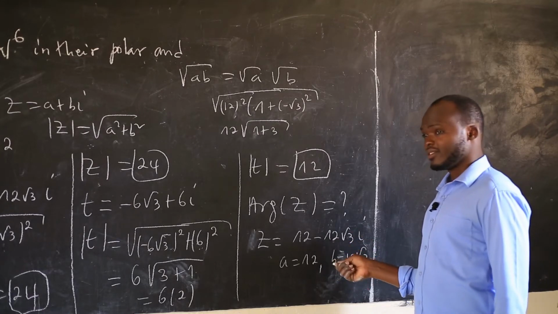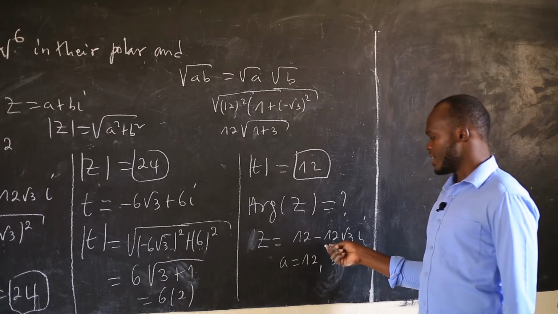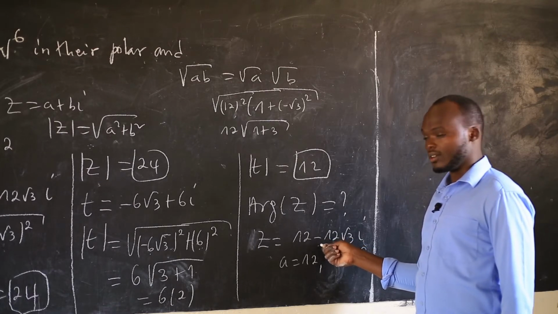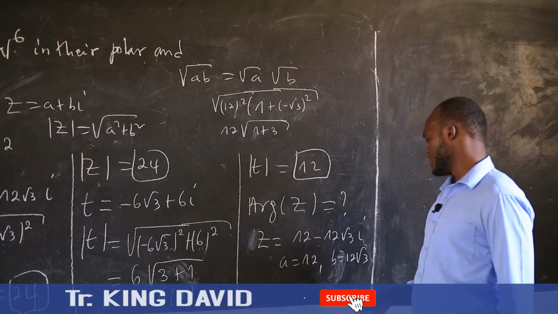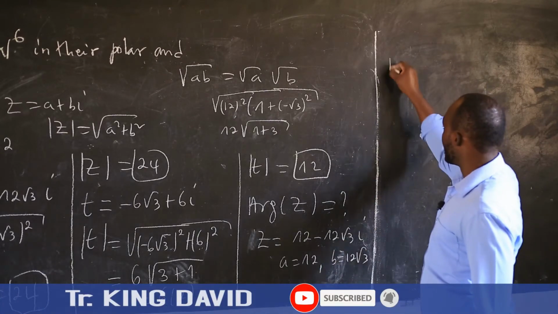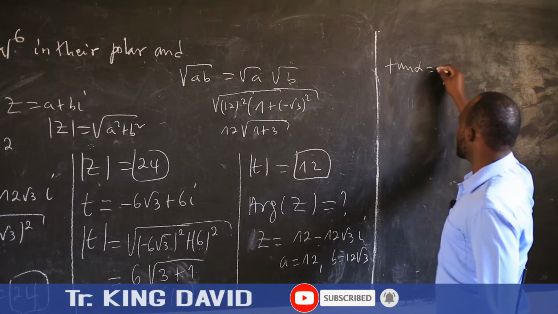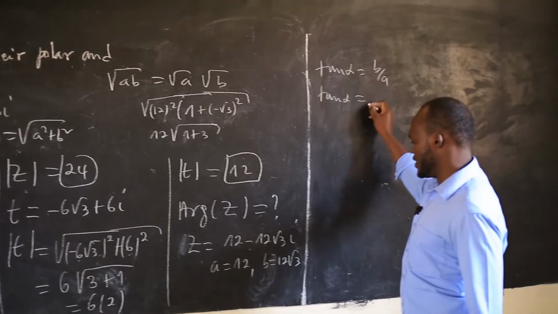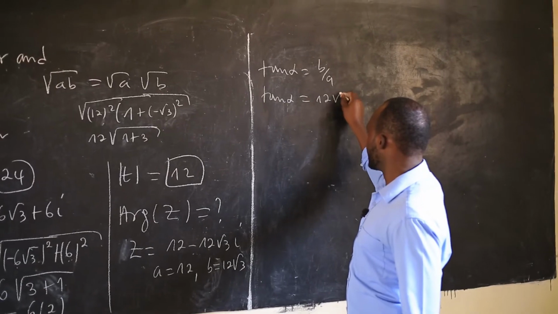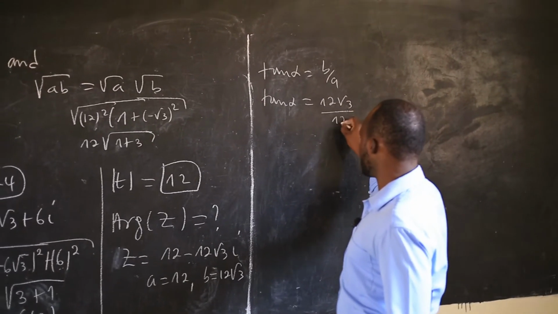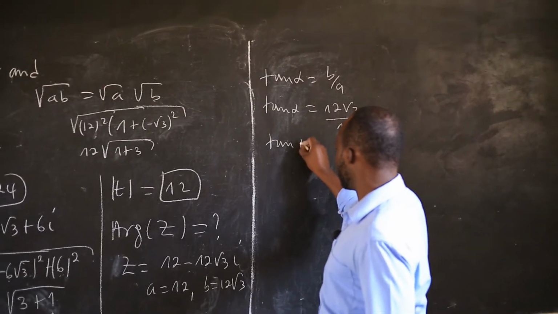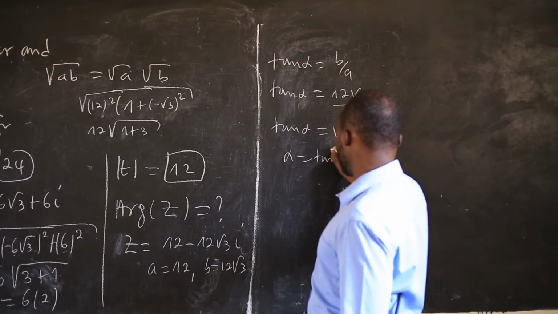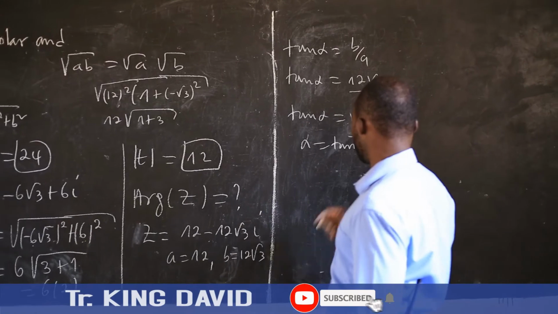We use negative when we are checking where Z is located on the circle. So then tan alpha always equal to B over A. So tan alpha is B 12 root 3 divided by 12. So tan alpha equal to root 3, where alpha is tan inverse of root 3.